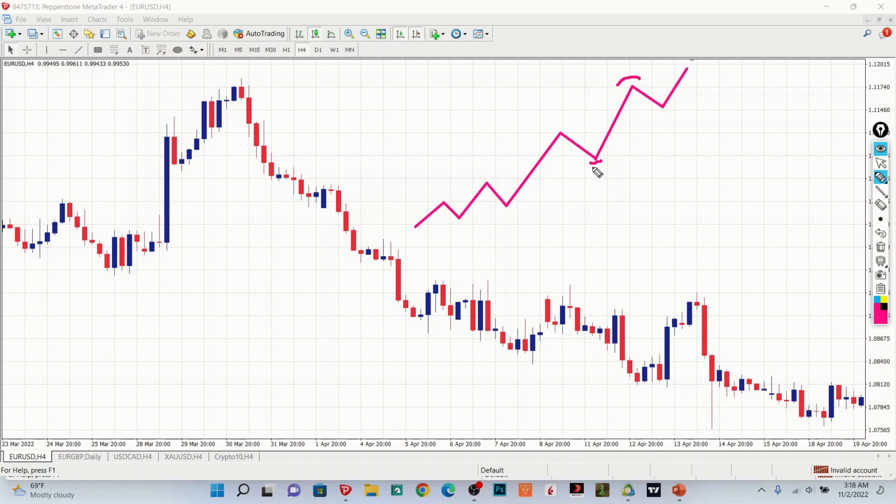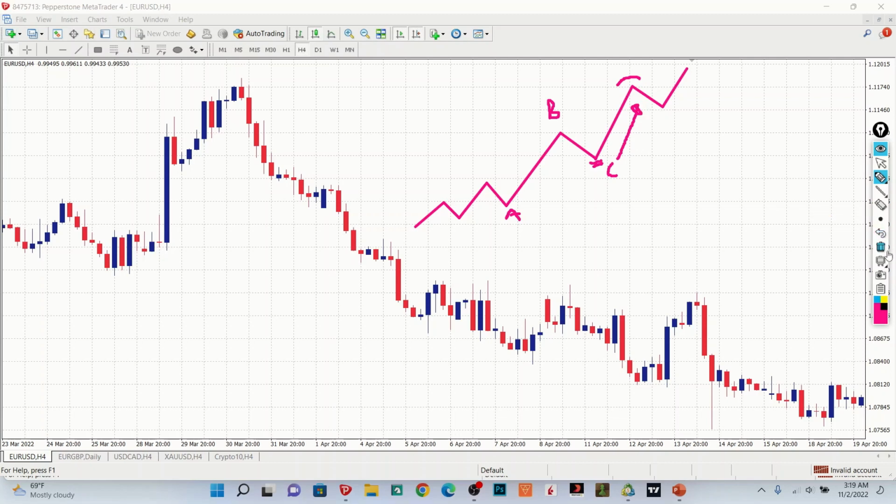But the first thing we do is make sure of the Fibonacci retracement, so we shall connect point A to point B, then discover if this point C is a Fibonacci retracement level. If it is a Fibonacci retracement level, of course we shall take a buy, and then the market will continue to push high. Then we collect some profit.